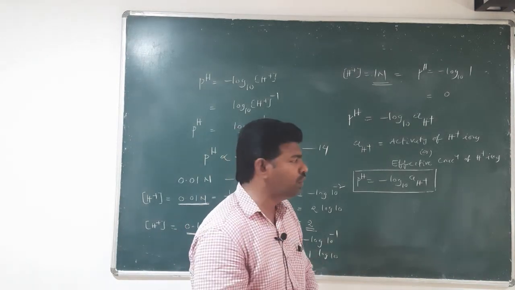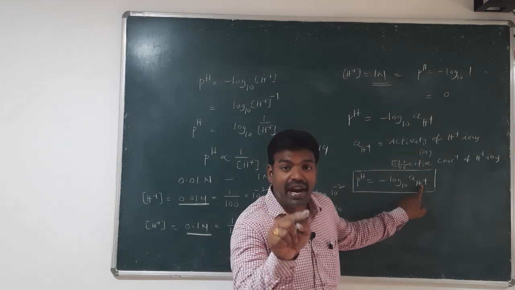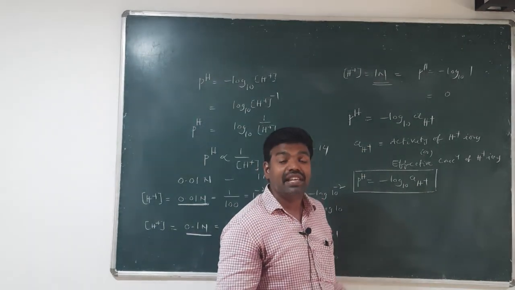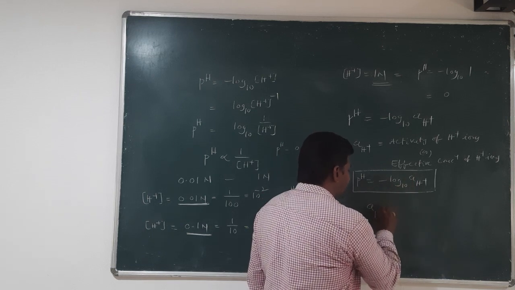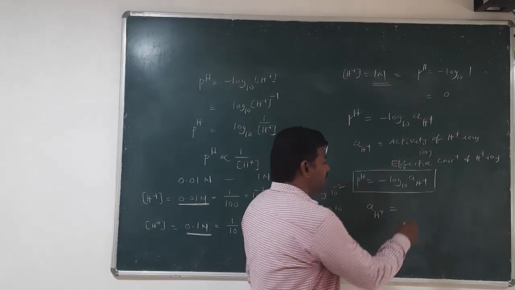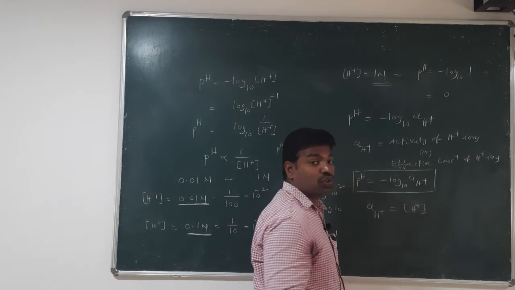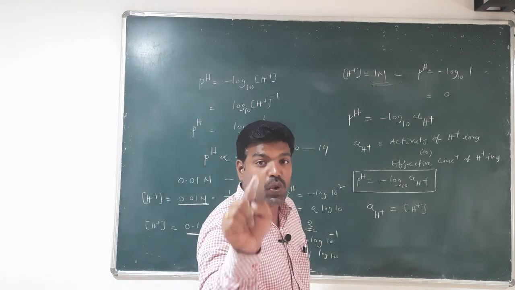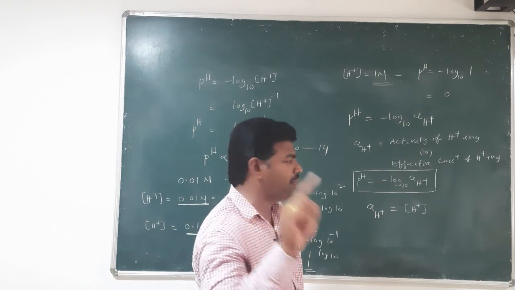Already I told you, the activity of H plus ions can be obtained by multiplying the concentration of H plus ions with a suitable activity coefficient based on the thermodynamic measurements.